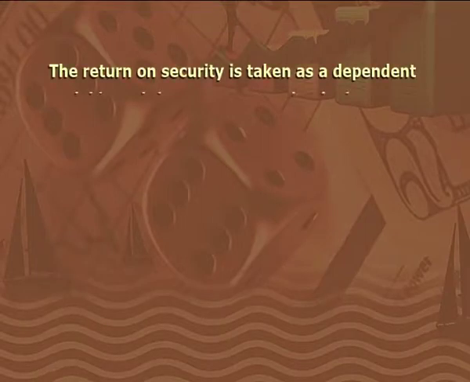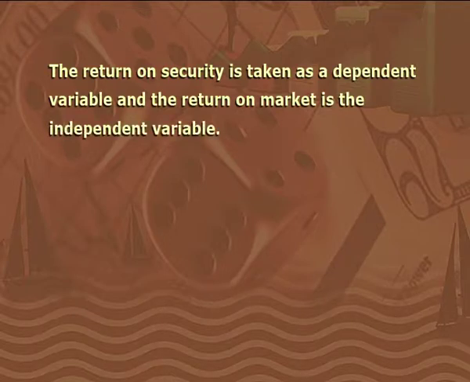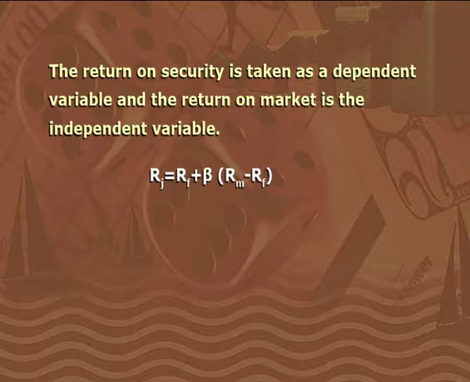The return on a security is taken as the dependent variable and the return on the market is the independent variable. It is shown as Rj equals Rf plus beta multiplied by (Rm minus Rf).